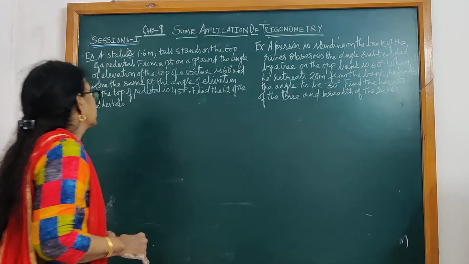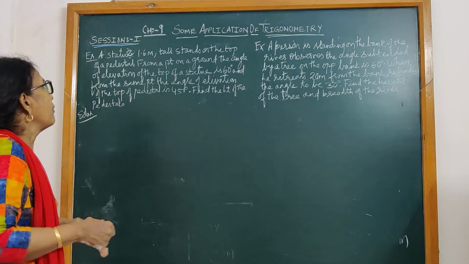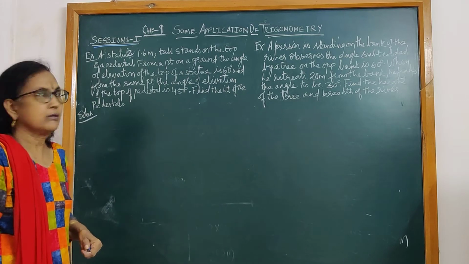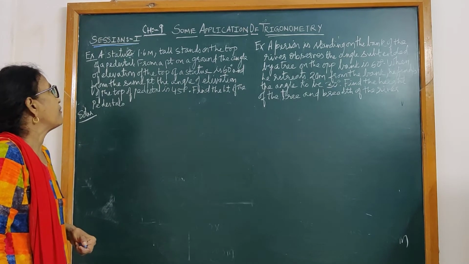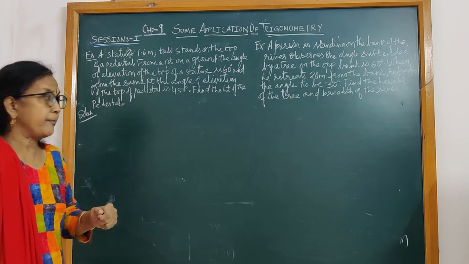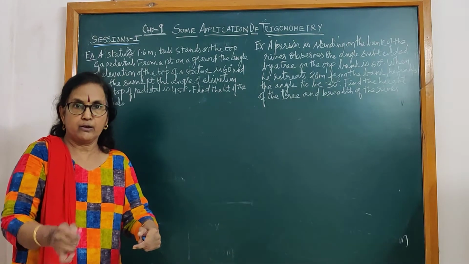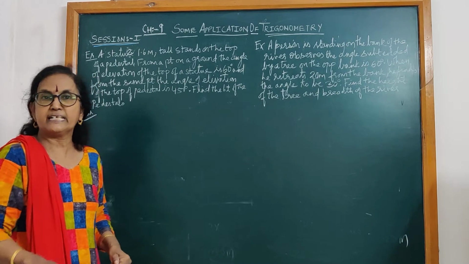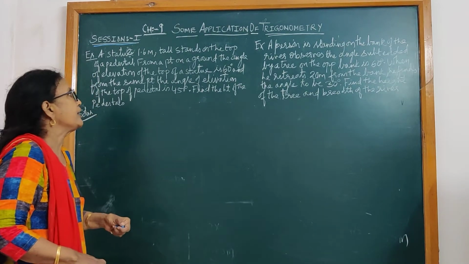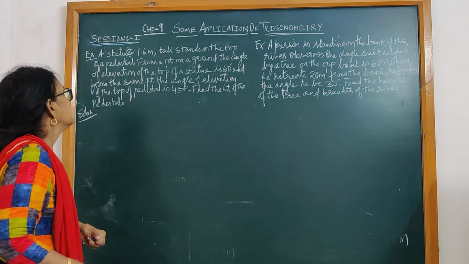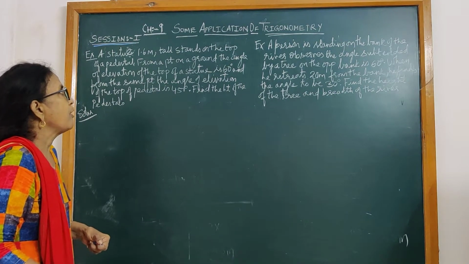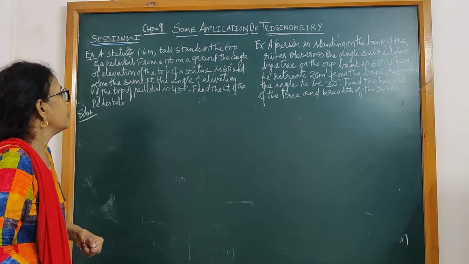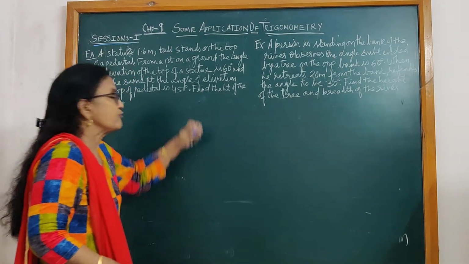The example is, a statue 1.6 meter tall stands on the top of a pedestal. Now, pedestal is a stand on which you are placing a statue. From a point on the ground, the angle of elevation of the top of the statue is 60 degree.